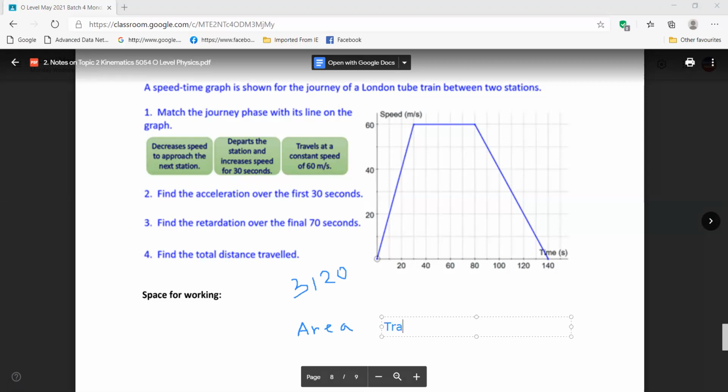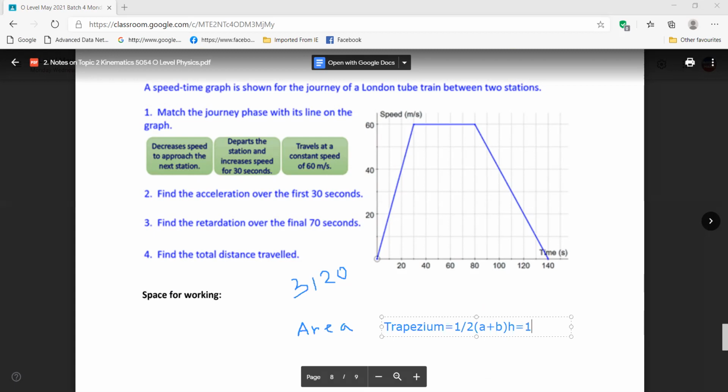Trapezium. What is the formula? The formula is half, A plus B, into height. The height is also 60. This way you can write. Yes, sir.